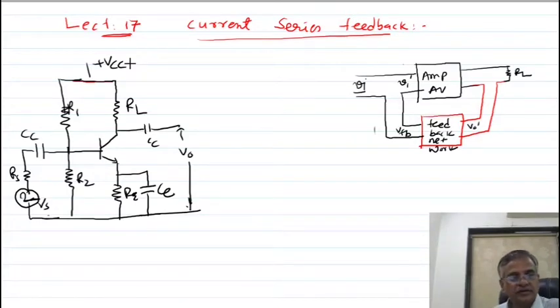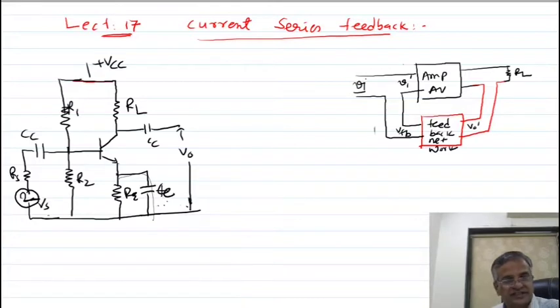Now look here. Due to C, the AC voltage developed here is bypassed. Therefore it is called a bypass capacitor. This is a common emitter amplifier, voltage divider circuit. So in this, C is used to bypass the AC voltage at this point.